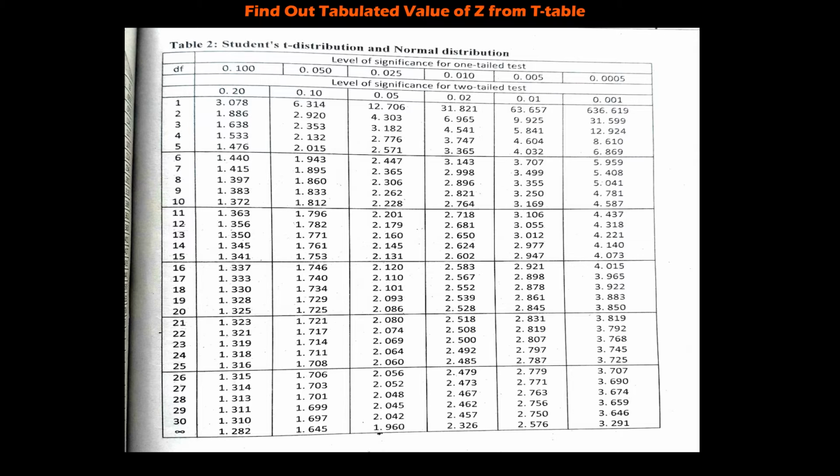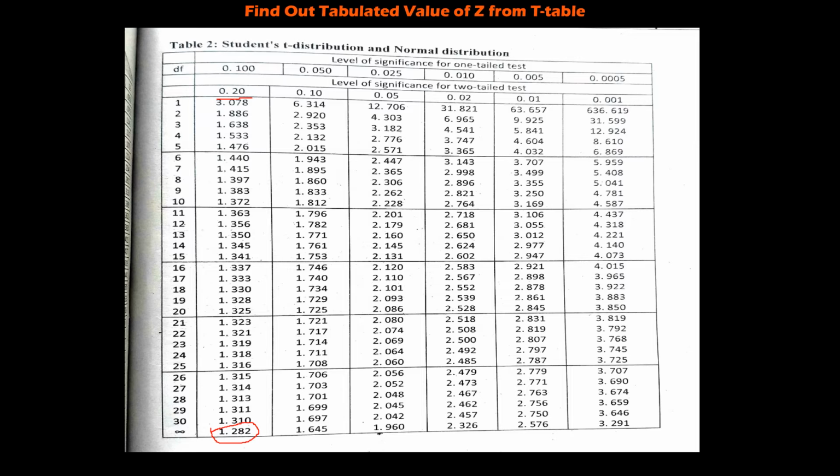For example, when we are given an 80% confidence level, we get a 20% significance level, and that is 0.20 significance level. So the Z value at 80% confidence level becomes 1.282.